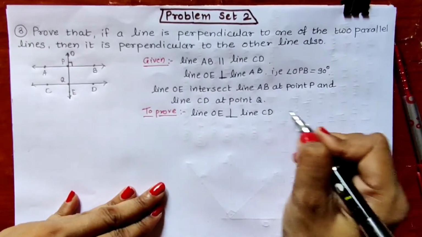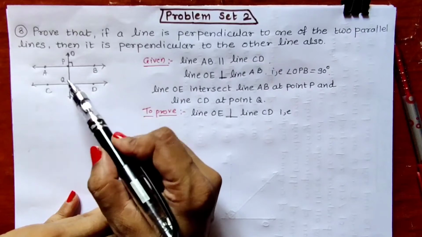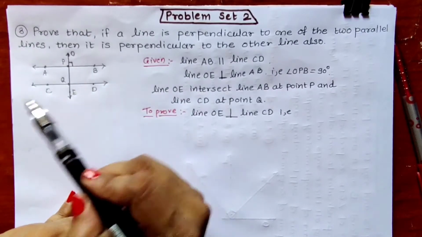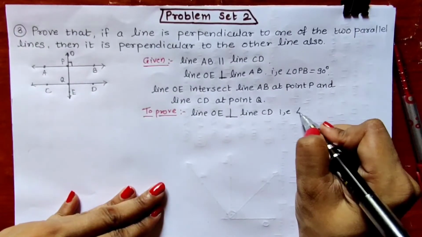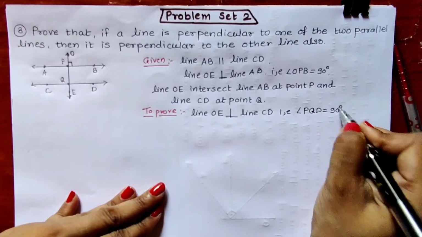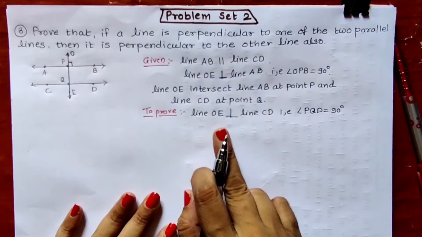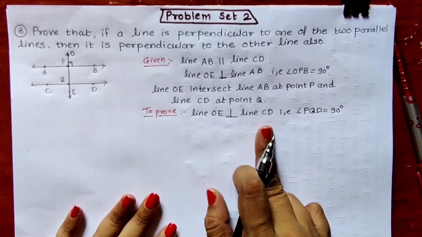This is to prove. That means we have to prove that this angle PQD is also of 90 degree. If you prove this angle PQD is 90 degree, this means line OE is perpendicular on line CD.